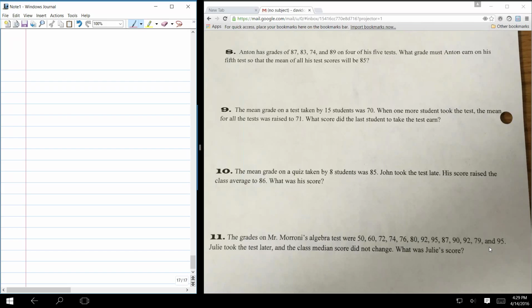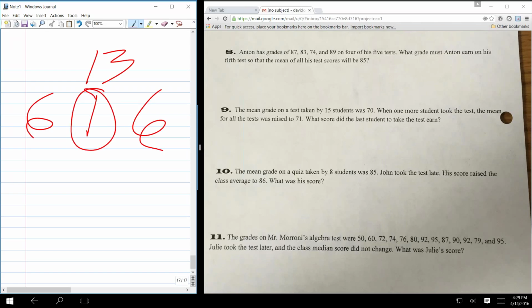That's going to be in between the 7th and 8th. The way to do that, if there's 13 scores, I'm going to have 6 over there, I'm going to have 1 in the middle, and I'm going to have 6 over there. There's 13, and there's my median. Okay. So it's the 7th score.